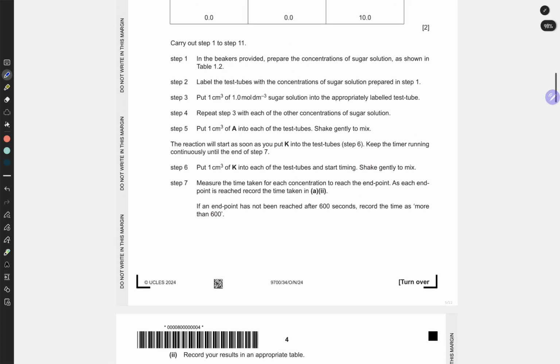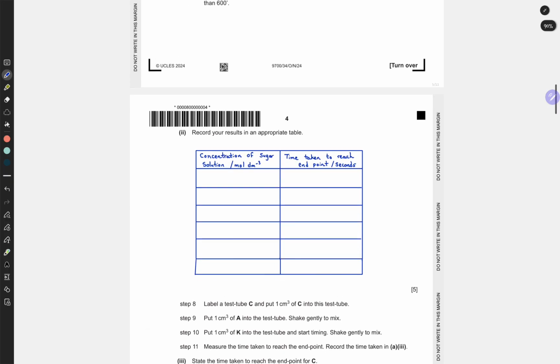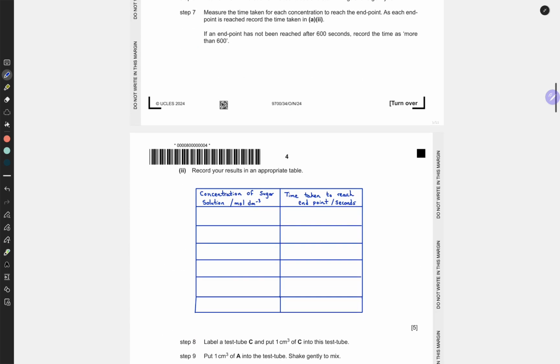And the dependent variable will be the time taken, and the unit, which is seconds. Then in the left column, just add the 5 concentrations.